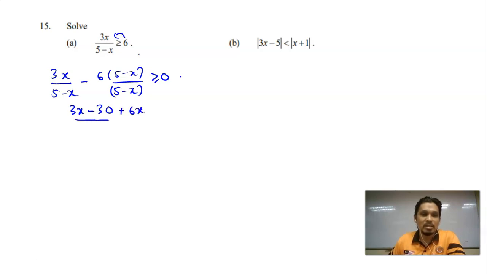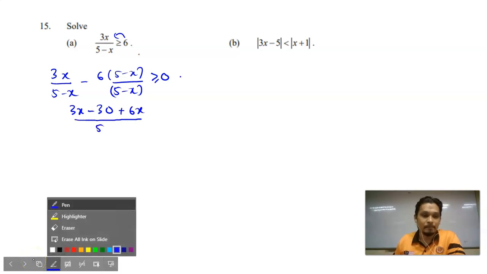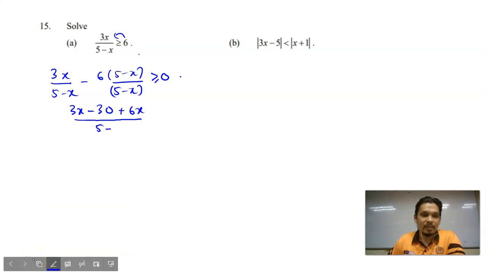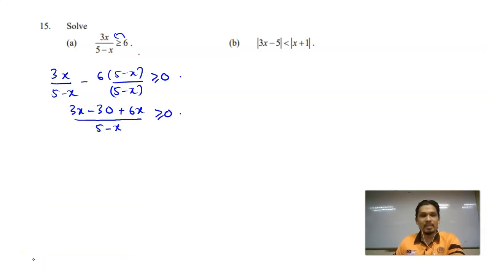Okay, so then we got 3x minus 6 times 5 minus x. Minus 30, negative becomes positive, 6 times x, 6x, divided by 5 minus x, greater than or equal to 0. 3x plus 6x, 9x minus 30 divided by 5 minus x, greater than or equal to 0. So class, what will be next?